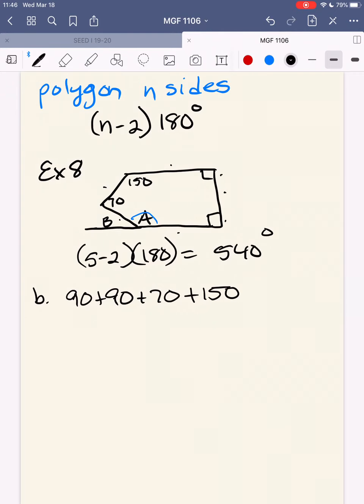What I'm going to do is add these together and subtract this from 540, because that is the sum of all my angles. So 540 minus all of this stuff gives me that A is equal to 140 degrees.